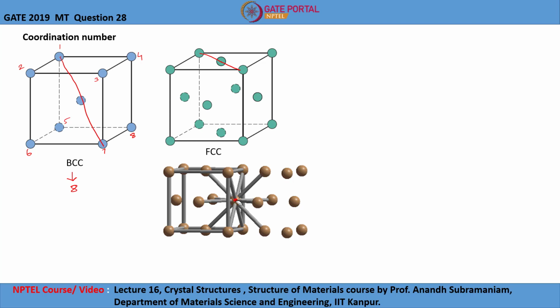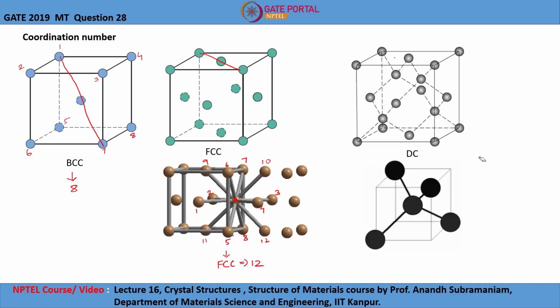On considering this face-centered atom, the number of nearest neighboring atoms are 1, 2, 3, 4, 5, 6, 7, 8, 9, 10, 11 and 12. So the coordination number for FCC is 12.